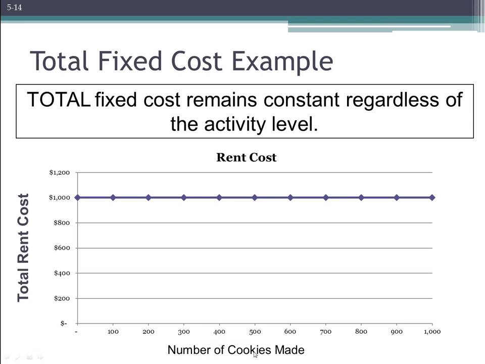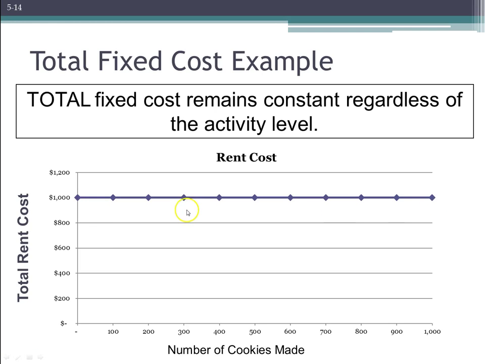Let's keep it into our manufacturing example though, right, where we're still baking our cookies. It would look exactly the same with something like rent. If we were renting our kitchen, that would be a great example of a true fixed cost, right? And in our example, let's assume that we rent our kitchen or our manufacturing facility for $1,000, right? Doesn't matter if we bake 100 cookies, doesn't matter if we bake 1,000 cookies.